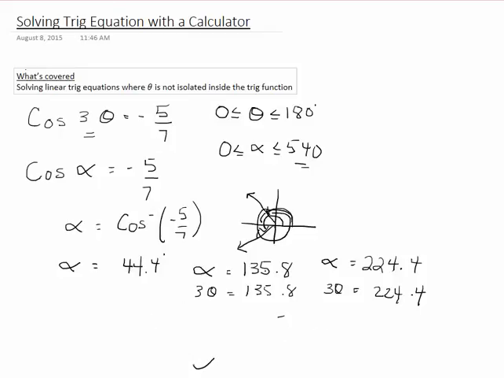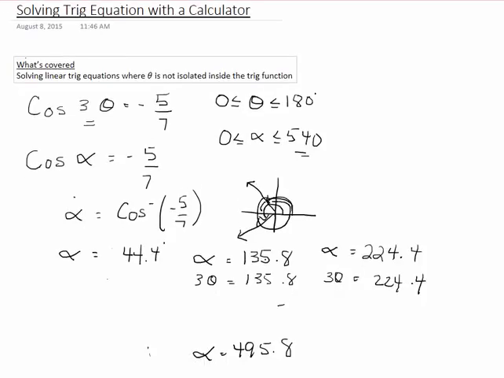So alpha equals 495.8, and we bring the 3 theta back in for that as well. So we bring in 3 theta, 3 theta there for the 495.8.